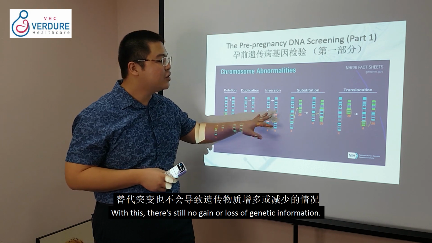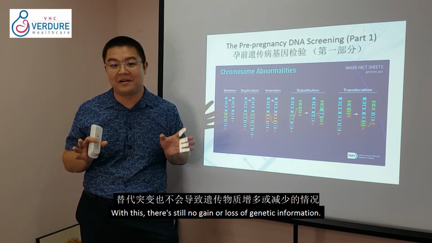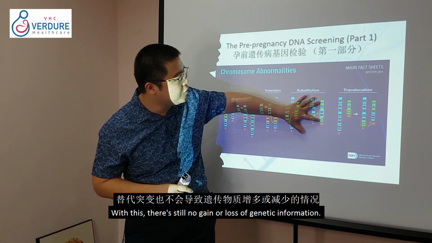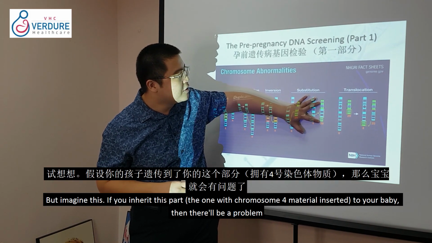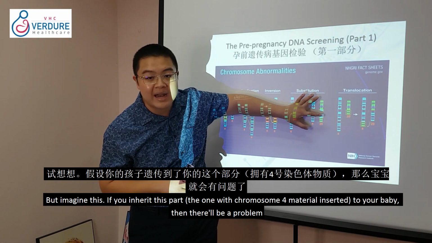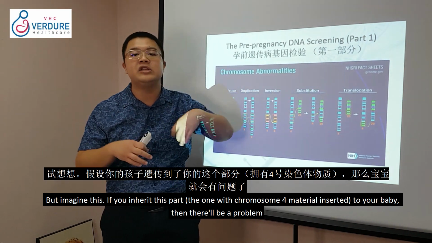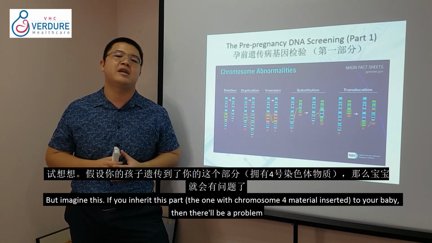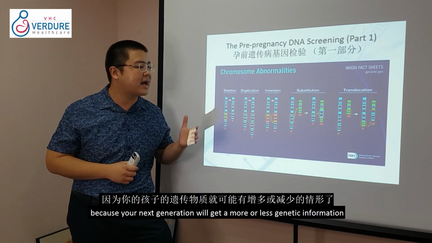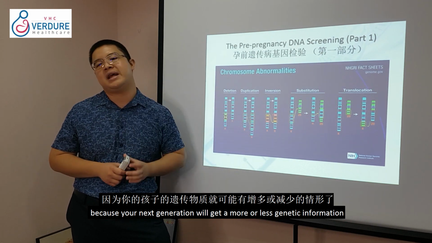With this, you will still not get any gain or loss of genetic information. But can you imagine if you inherit this part into your baby, there will be a problem because your next generation will be getting either more or less genetic information.